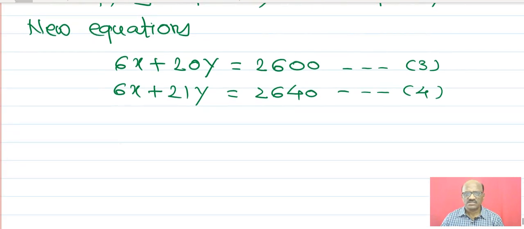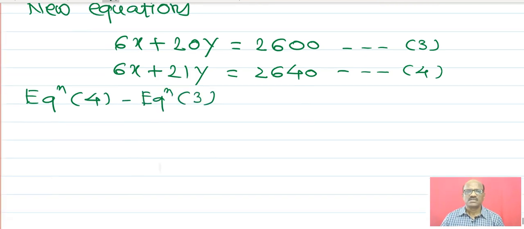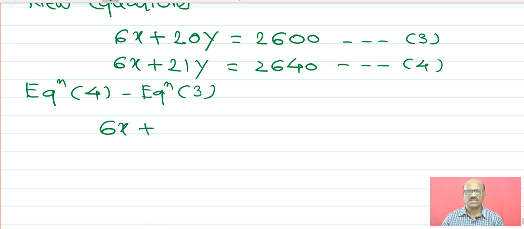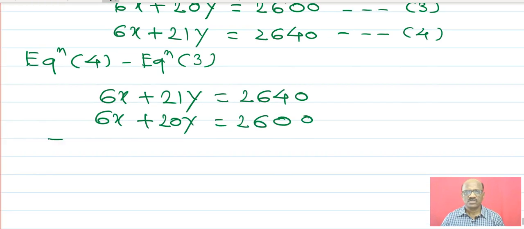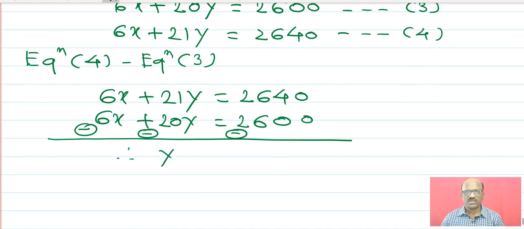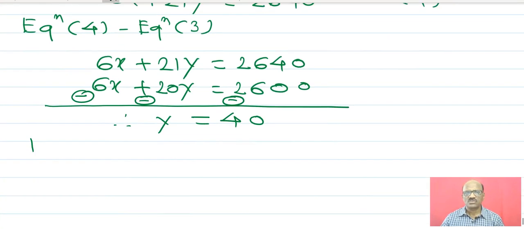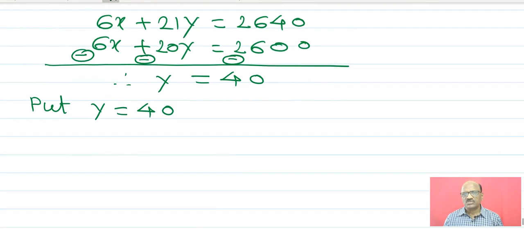Now their subtraction, equation 4 minus 3. Therefore, 6x plus 21y is equal to 2640, and 6x plus 20y is equal to 2600. Therefore, x gets cancelled. You will get y is equal to 40. Therefore, y is the cost of 1 kg of the sugar. That y is equal to 40.